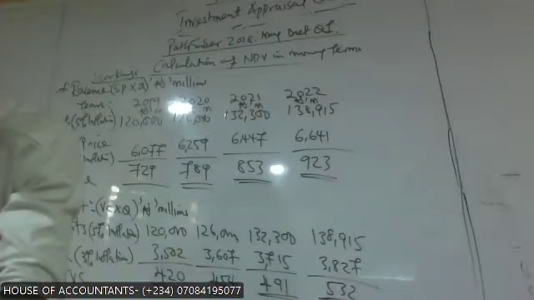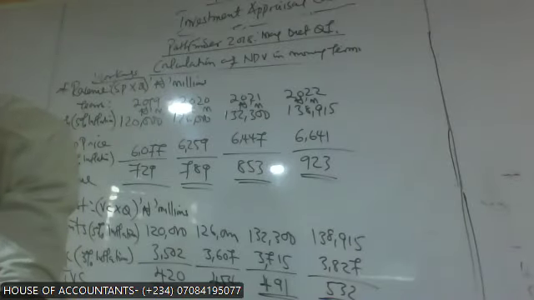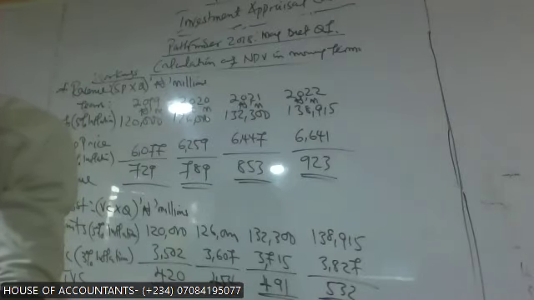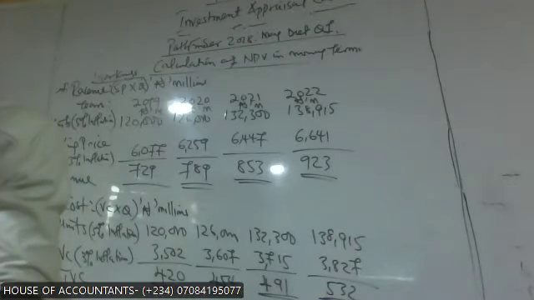Those costs are stated in year 0. Are you getting it now? Is fixed cost not an item of cost?